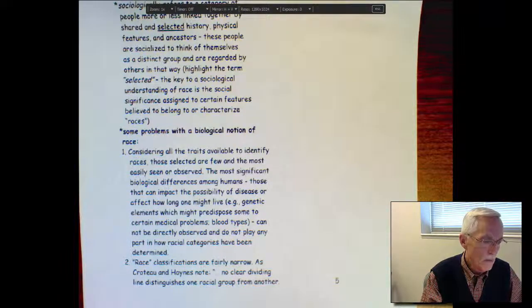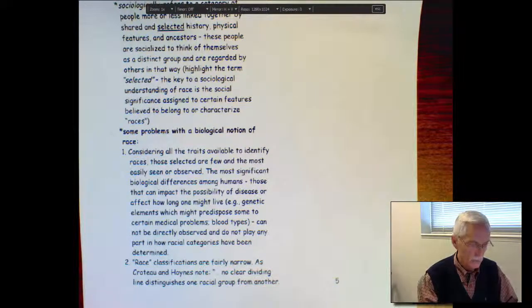And they don't play any really important role when it comes to the definition of categories of race. These are going to include such things as blood types and also the presence of genetic markers which might predispose some people to certain diseases.